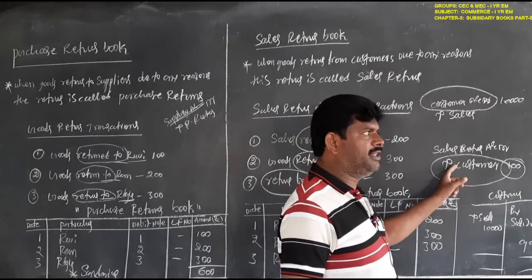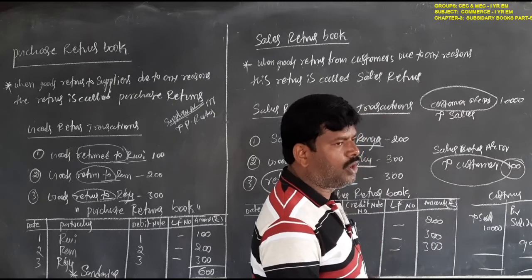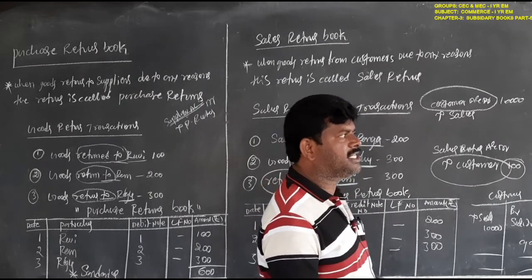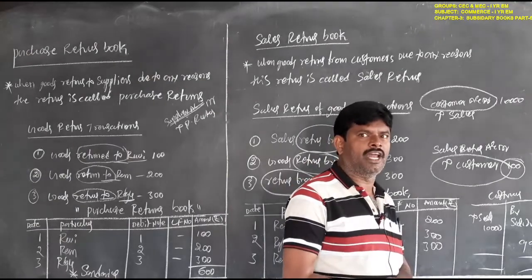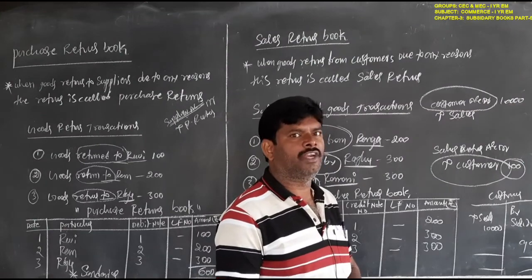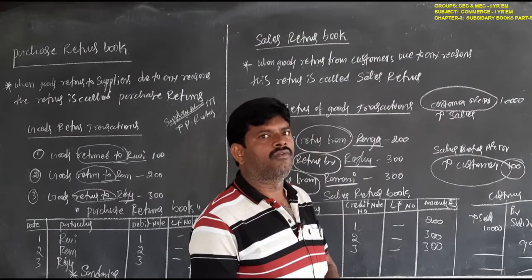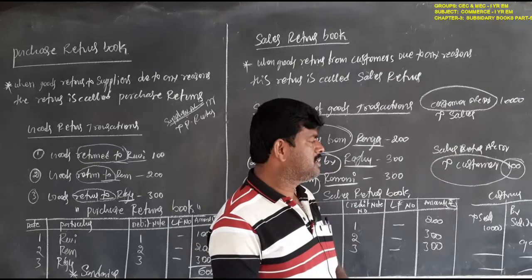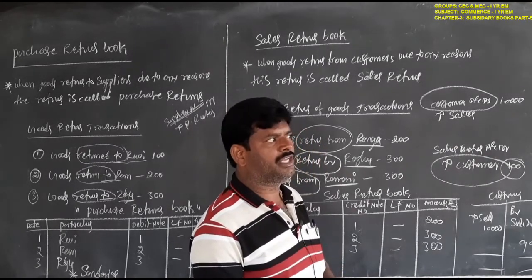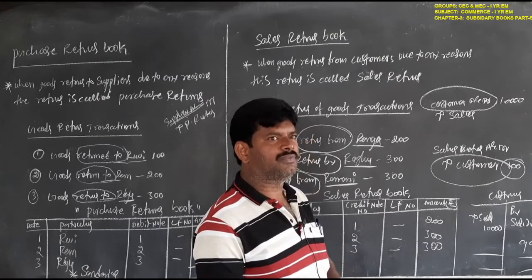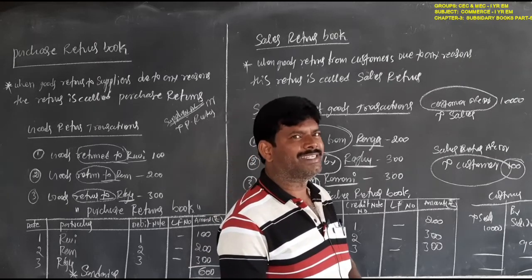It will be done by the customers. It is an indication that the sales returns amount is already adjusted in our account. It is intimation given to the firm or suppliers. Credit note is prepared by the customer and sent to the business firm, sent to the seller.